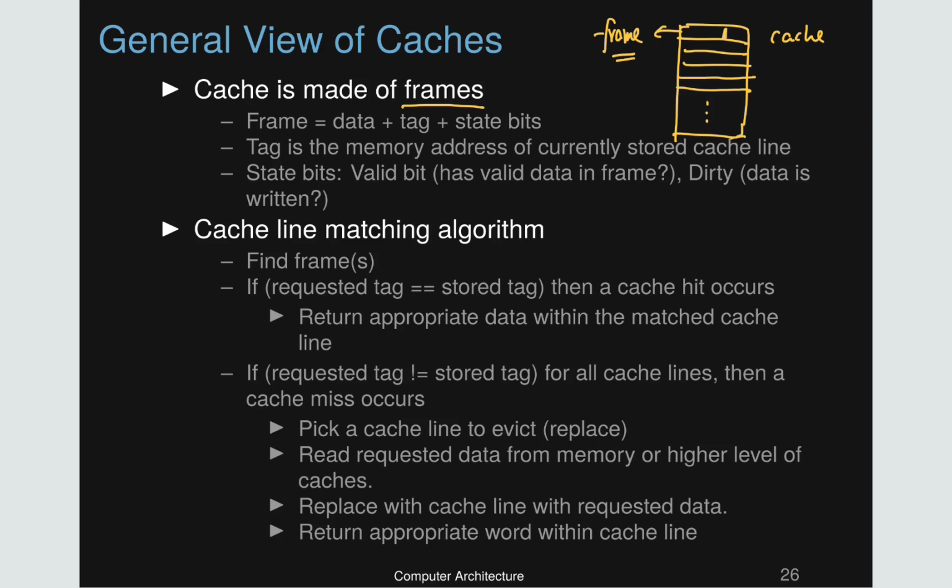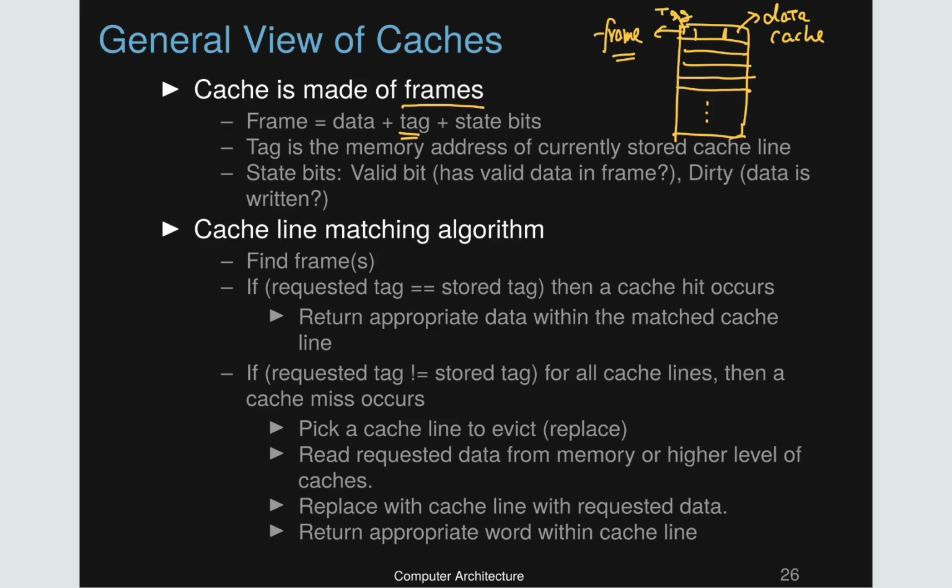As we have discussed, the most important part of the frame is of course the data itself, the 64-byte cache line data that is going to be accessed by the CPU. Besides this data, we also have something called a tag in the frame.